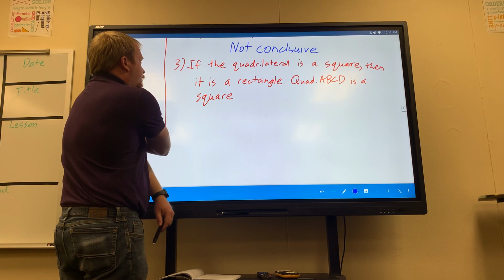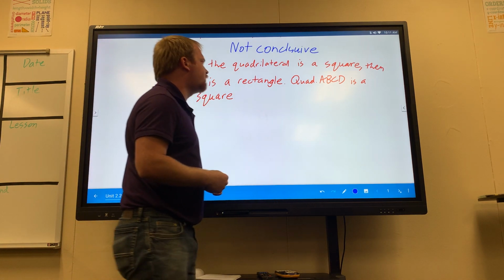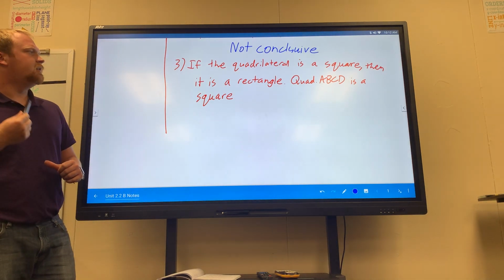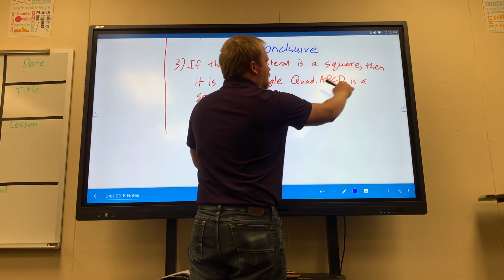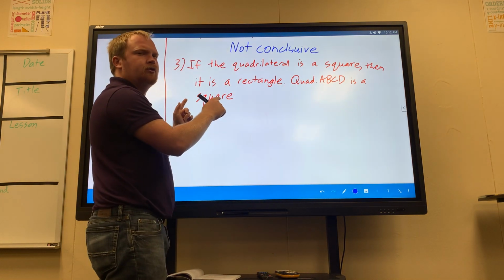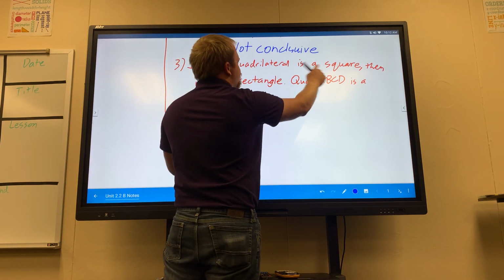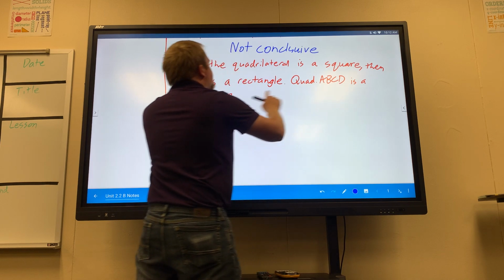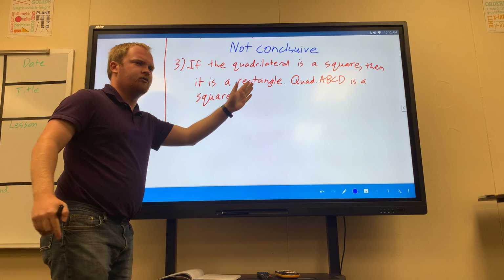However, on number 3, if the quadrilateral is a square, then it is a rectangle. Quadrilateral ABCD is a square. So, first off, again, is the hypothesis true? Well, the hypothesis says the quadrilateral is a square. And if it says quadrilateral ABCD is a square, then the hypothesis is true.